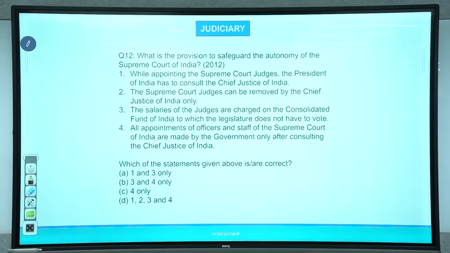Let's spend some time on the first option. आराम से. While appointing Supreme Court judges, the president has to consult the CJI.